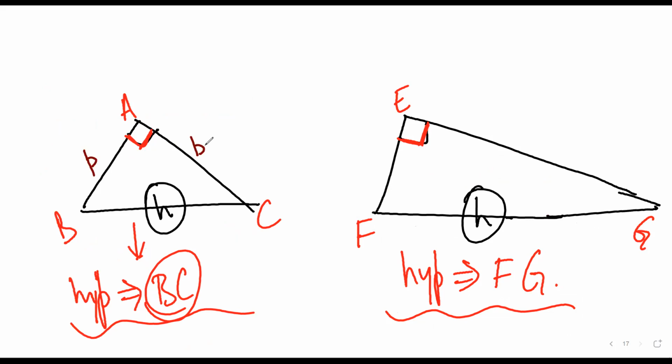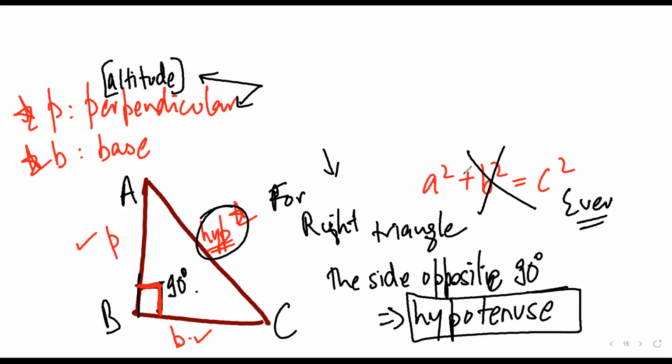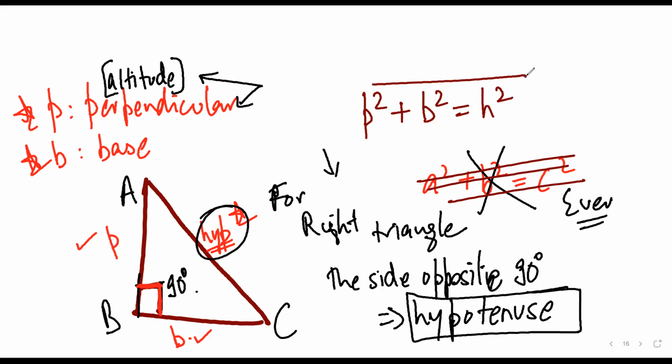So this would become the base. Otherwise, I can say this as base and this will become the perpendicular. Because I have told you not to use the other definition, what you need to remember is that p square plus b square is h square. This is a definition that you should cram.